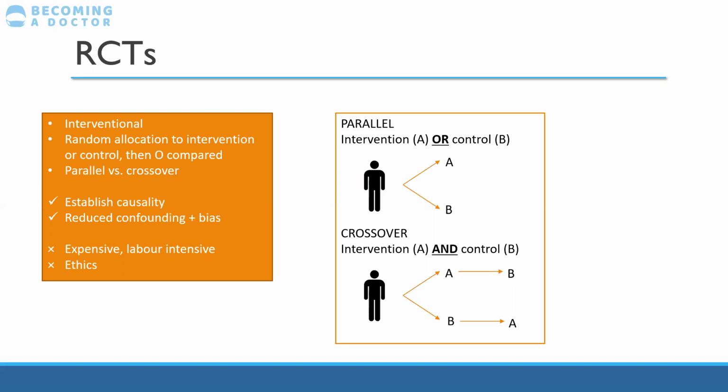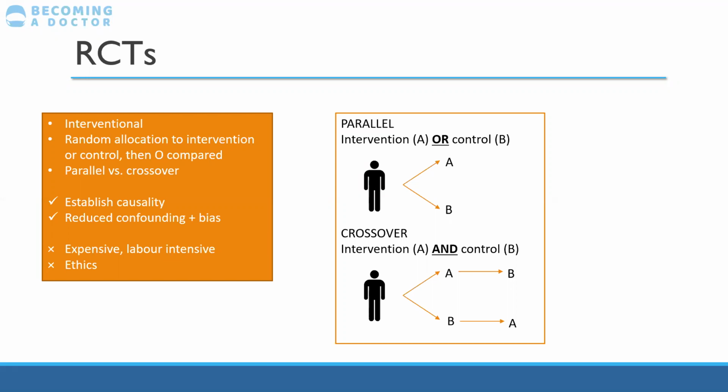So RCTs in general, regardless of whether they're parallel or crossover, are really good for establishing causality, and they're higher up that hierarchy pyramid. There's reduced bias, and the results are more reliable than observational studies. But RCTs are a lot more expensive and labour intensive.